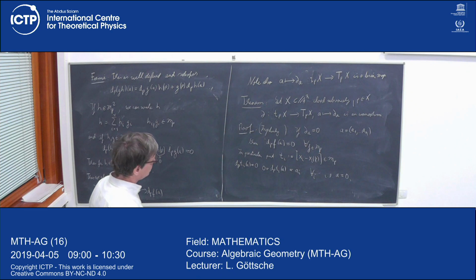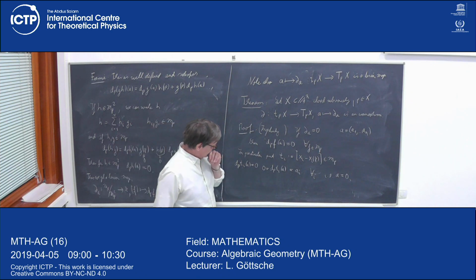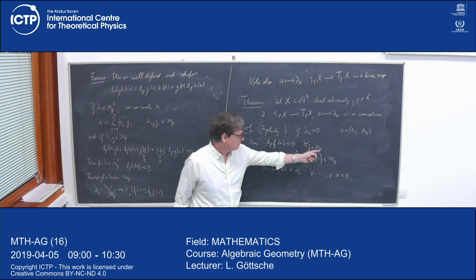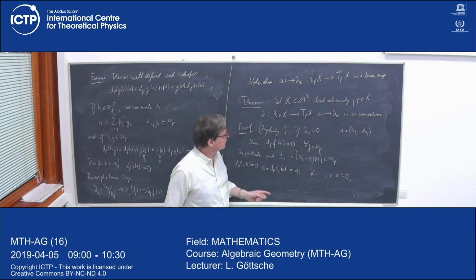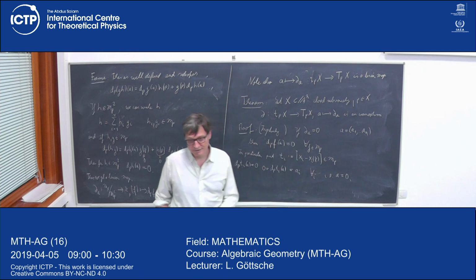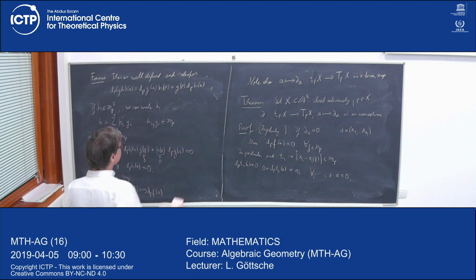And for the surjectivity, we somehow want to use the same thing. We want to show that we can express the elements in M_P modulo M_P squared as linear combinations of these T_i. And then we will see that the map is surjective.